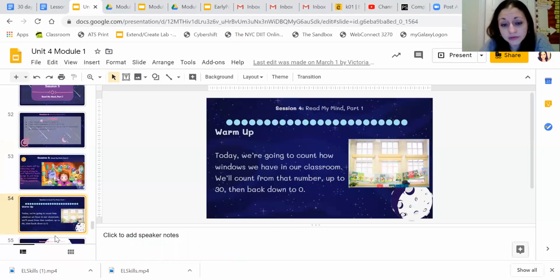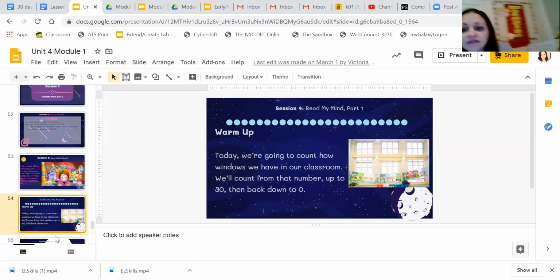Okay, so I know we're not in the classroom, and this would have been a good warm up if we were inside the classroom, but I want you to take a look around the room in your own houses, and I want you to count how many windows you have. So in my room right now, I have one window right there. I have one window all the way on the other side.